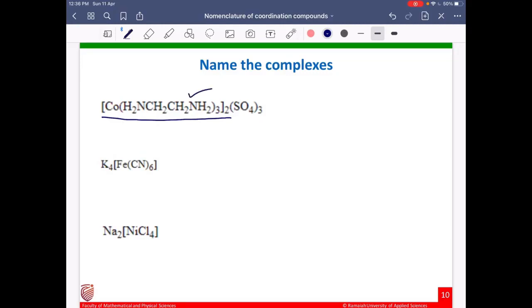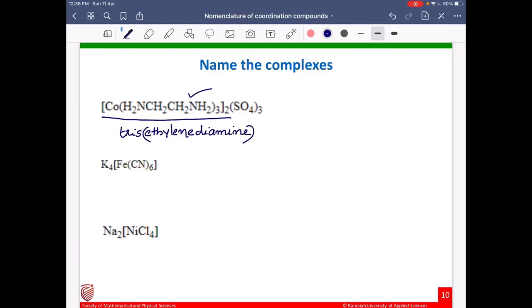Only one ligand is present, that is ethylene diamine. 3 ethylene diamine is there. Ethylene diamine has denticity more than 1, so it should not be tri, it should be tris. So tris ethylene diamine. Close it.